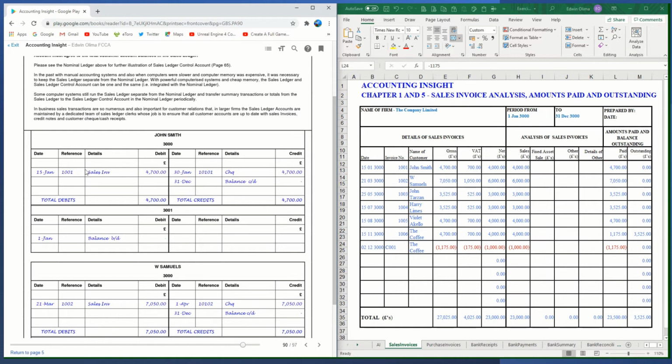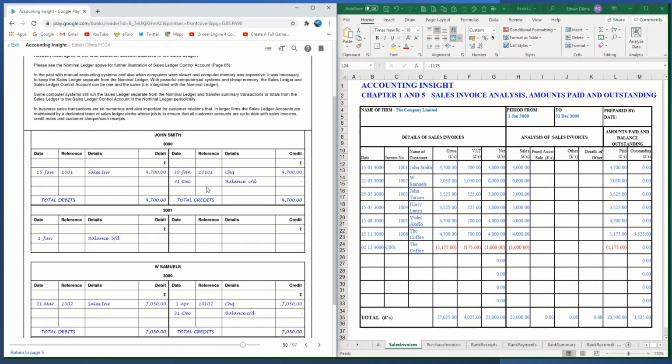So in this case, we sold on the 15th of January invoice number 1001, a sales invoice to John Smith. So we debited his account 4,700. Now the debit means John is going to pay the business 4,700, and then when John paid the money, we debited the bank account and we credited his account.